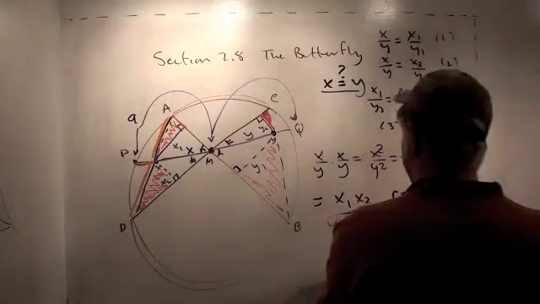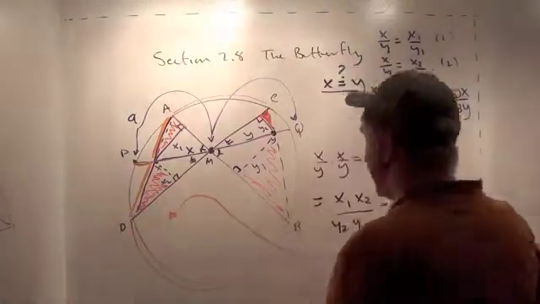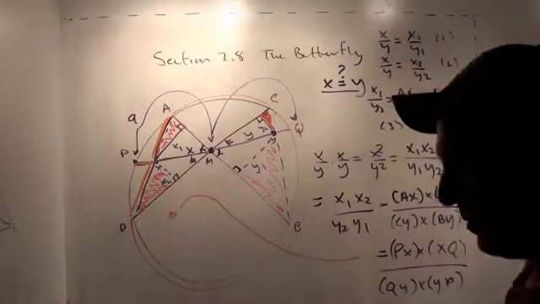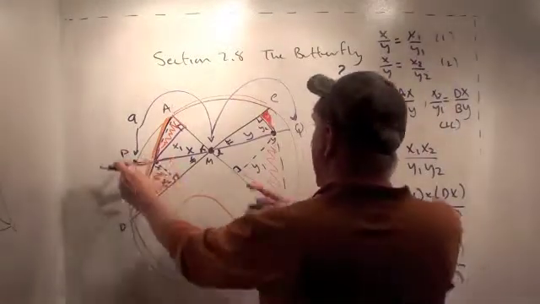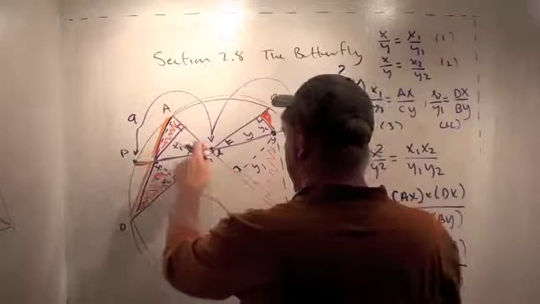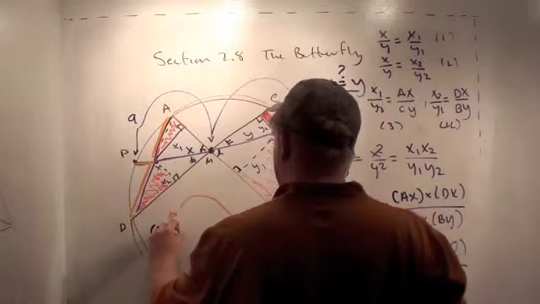The only room I have is actually inside the circle. It's probably bad form, but PX is just the distance A to M, subtracting away X, so that's A minus X.